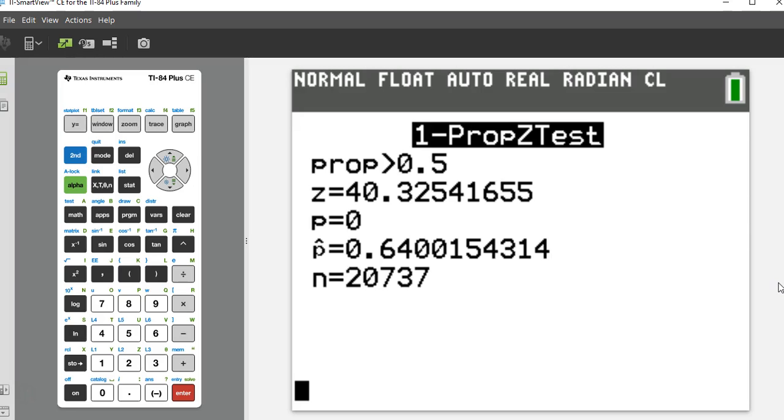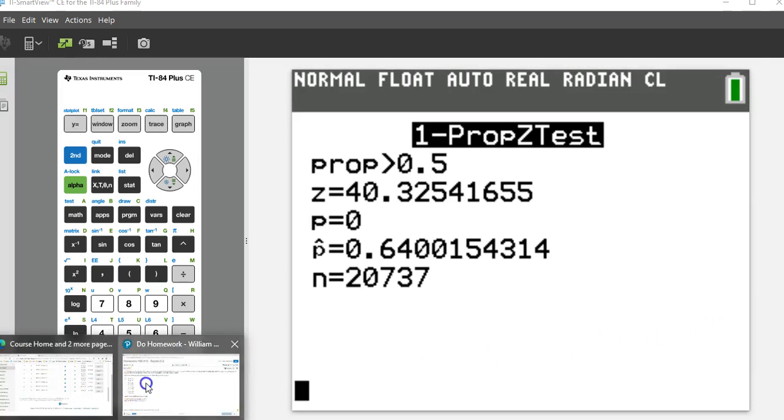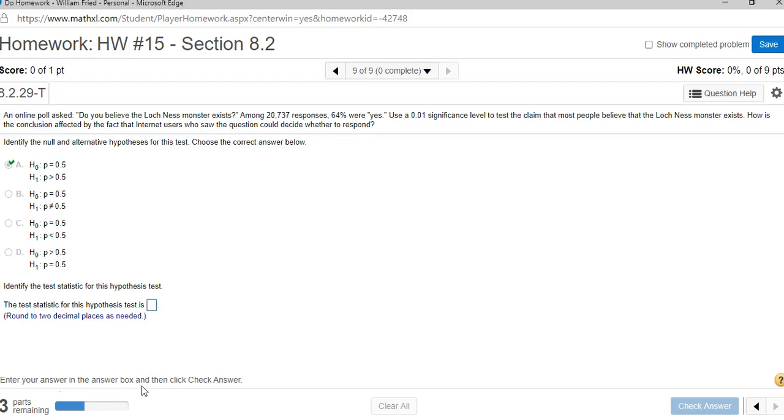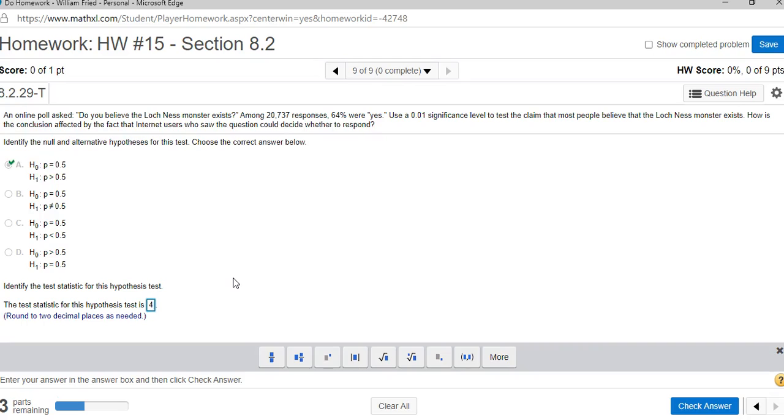Okay, so when I go back to the homework question, I wrote that down, 40.3254. It wants two decimal places, 40.33 to two decimal places. I'm hoping for the best.